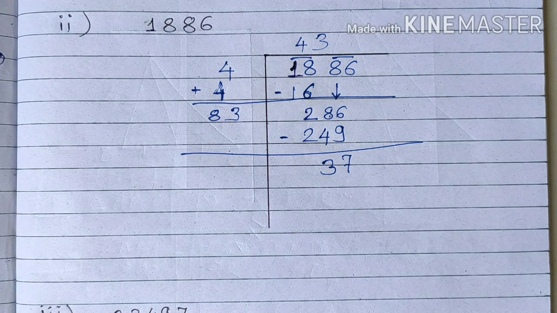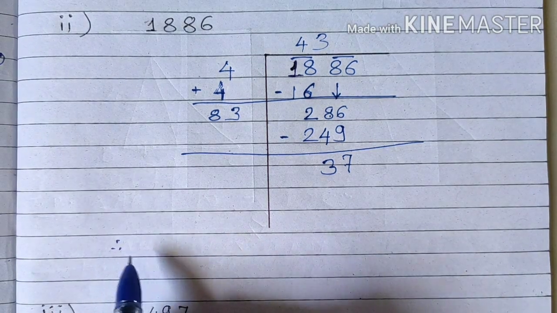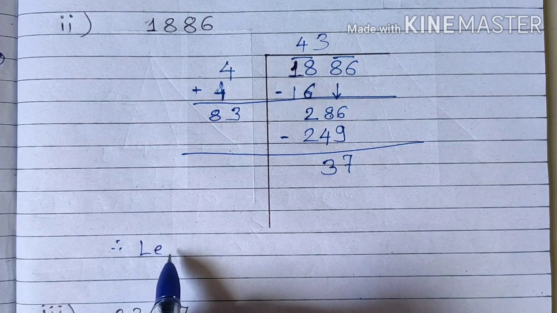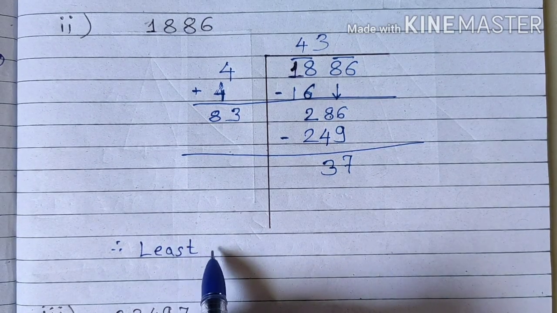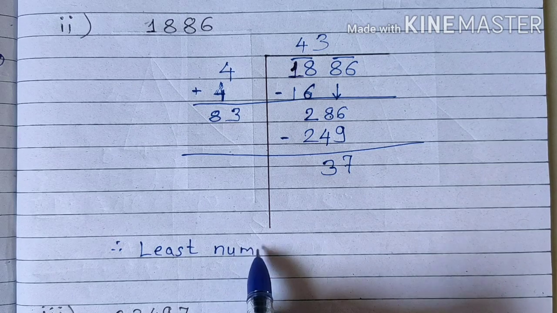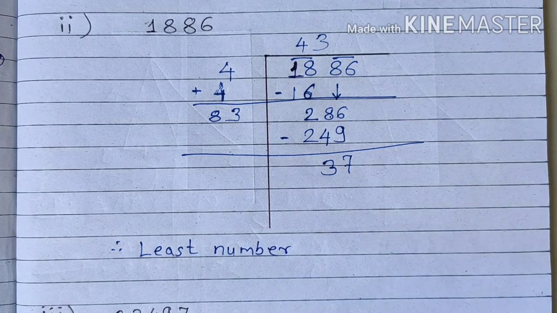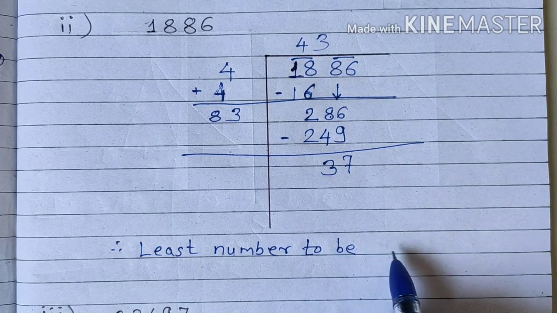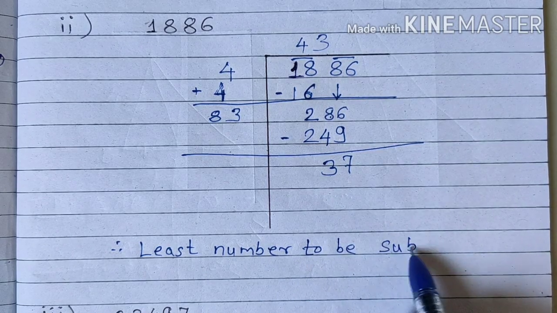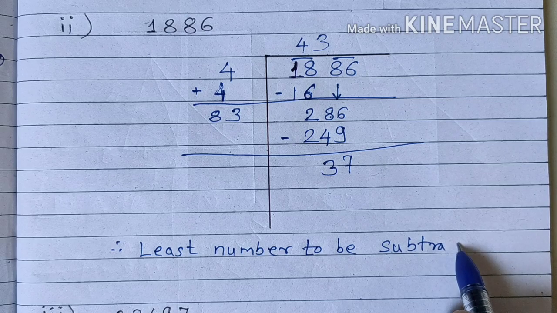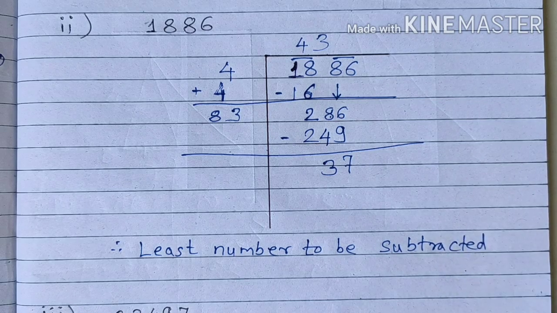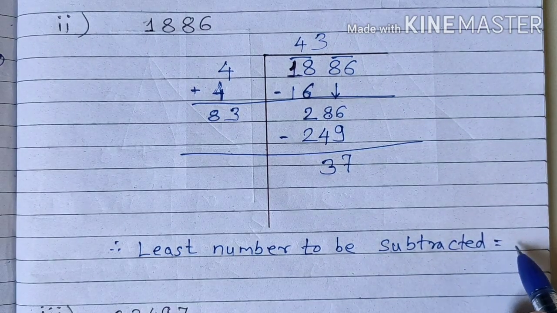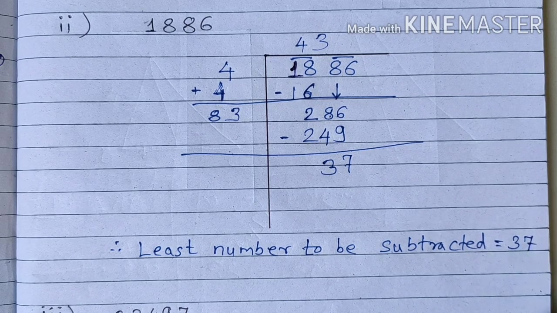Understood? Therefore, we can say that the least number to be subtracted is 37. Got it? Understood till here?